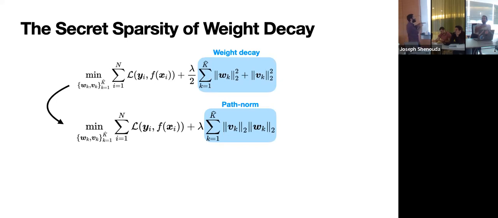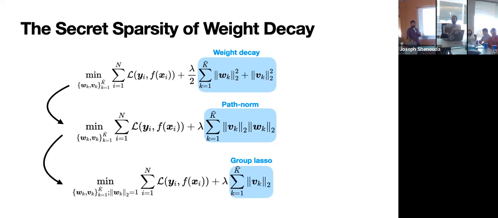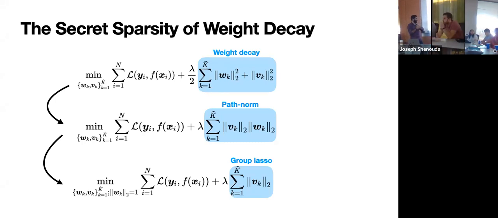The reason is that if the 2 norms of WK and VK are equal, then it becomes exactly equal to this term here. So at a global minimum, those two are equivalent in terms of the objective value they attain. Now, because of the homogeneity of these ReLU neural networks, I can enforce that all the input weights lie on the sphere and push that scaling out to the output weights. Then I get a constrained problem where the input weights have unit norm and the VKs are free to be whatever they want.